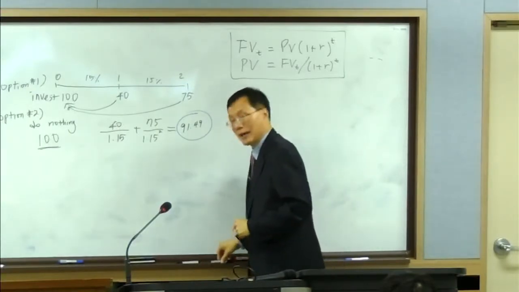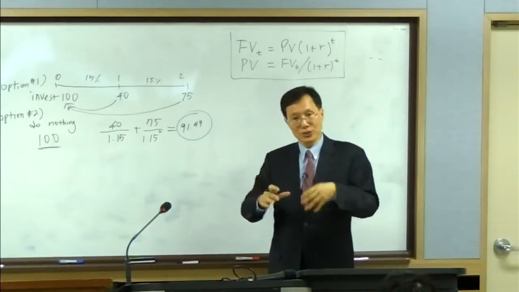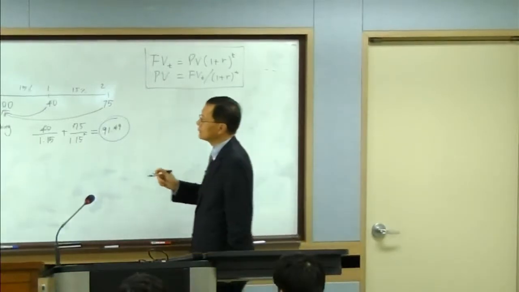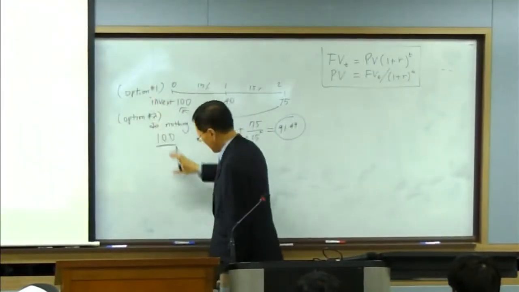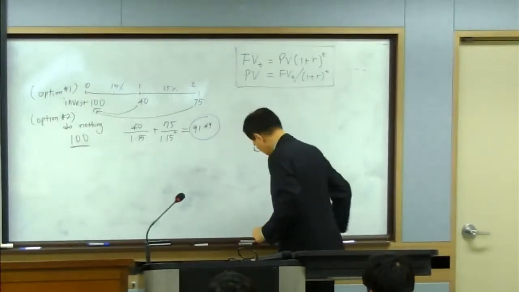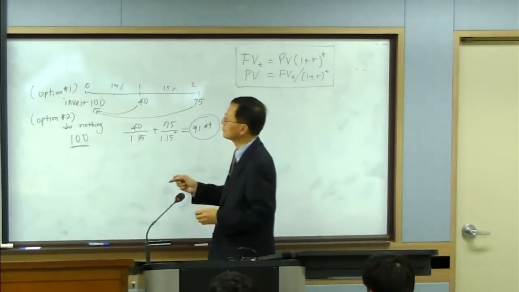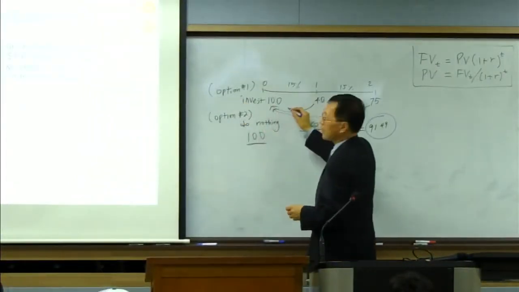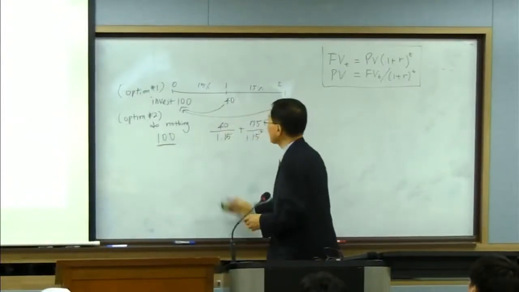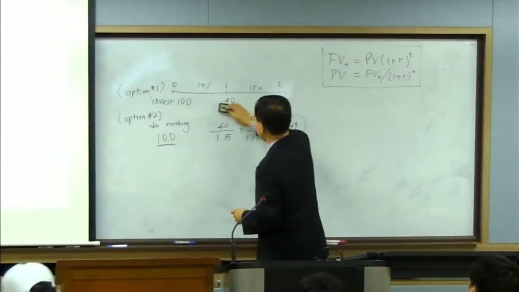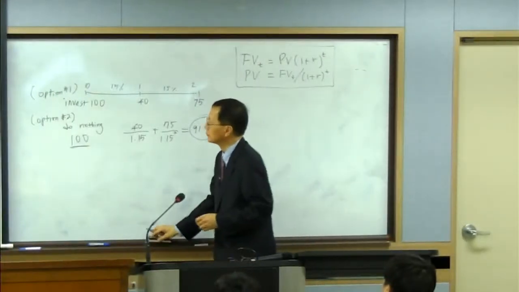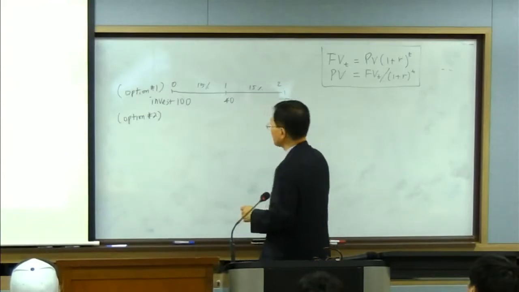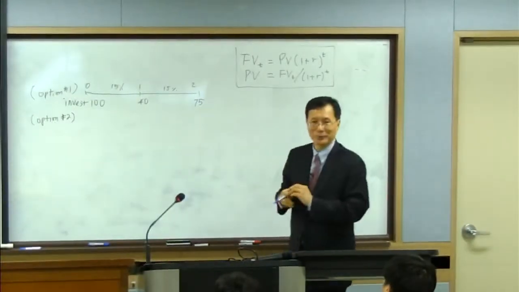Okay. Then let me ask you to do this exercise. This is a simple exercise. Look at the same problem, but let me use a different color. Option number 1 is the same. You invest and you receive 40 and 75.